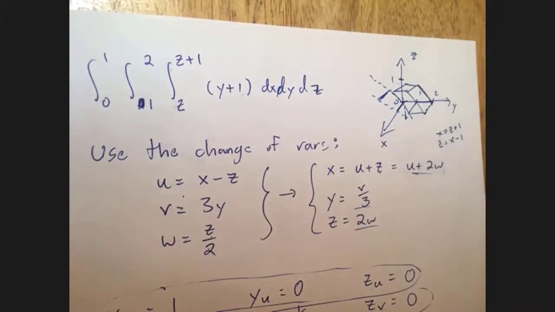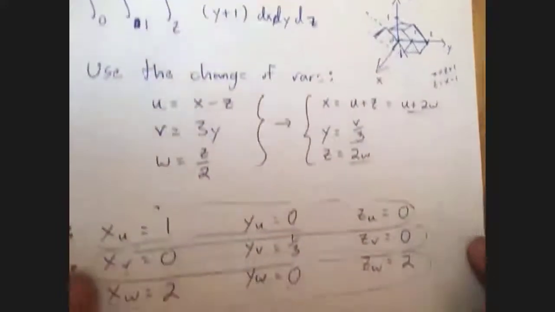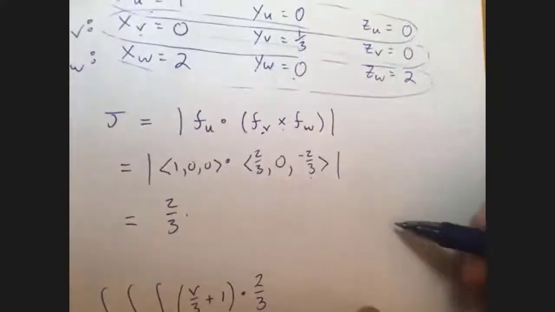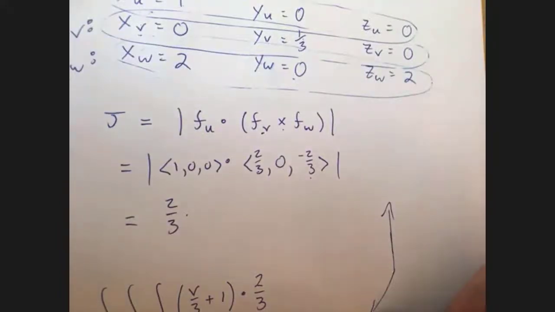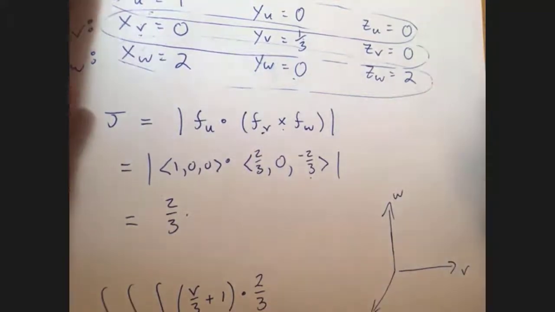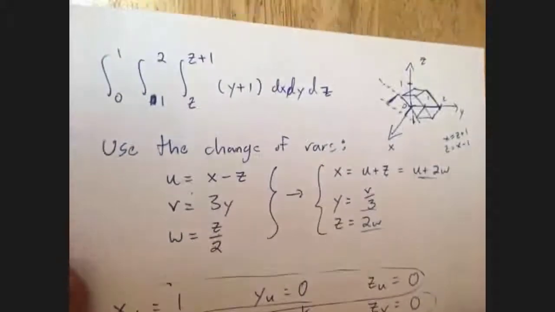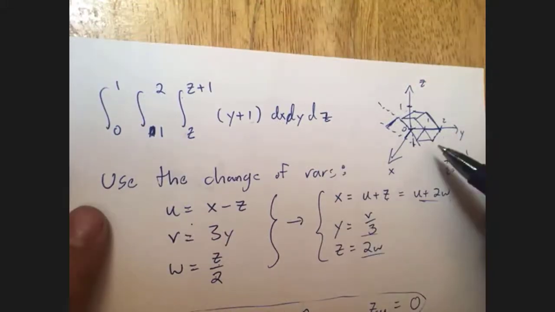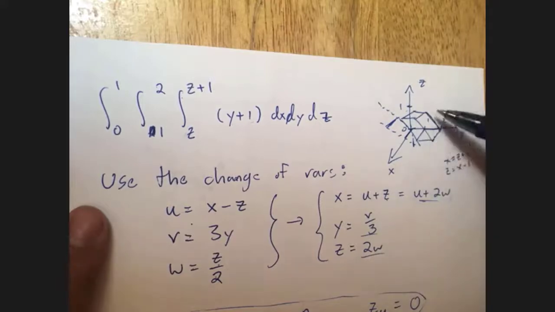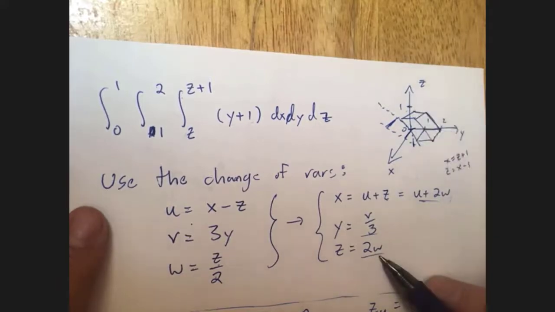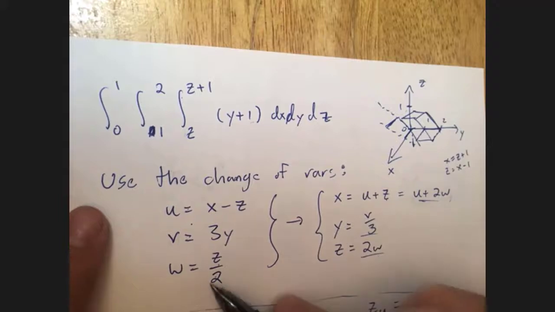When I change coordinates, what happens? So what does that picture become down here for U, V, and W? Well, let's start with Z again. Z goes from 0 to 1, right? So that's the height of this thing. And W is Z over 2.